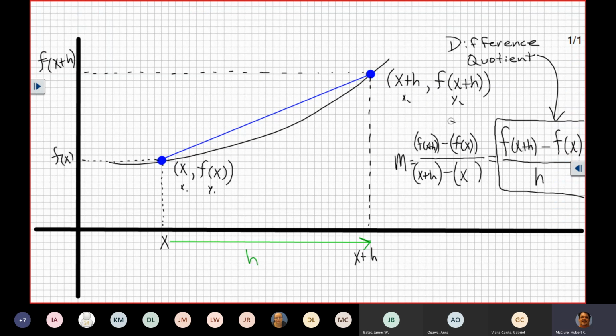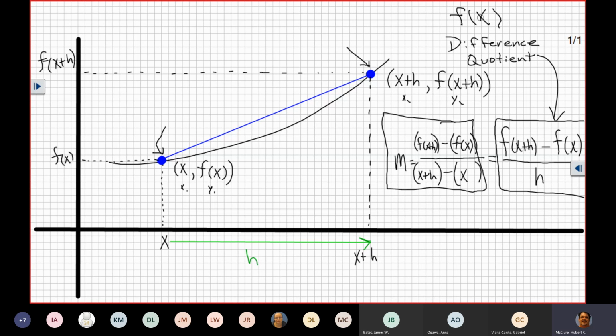But with the old formula of y sub 2 minus y sub 1, you're usually given 2 points. With the difference quotient, you're not going to be given 2 points. You're going to be given a function.